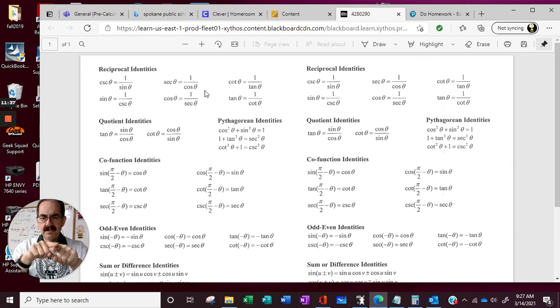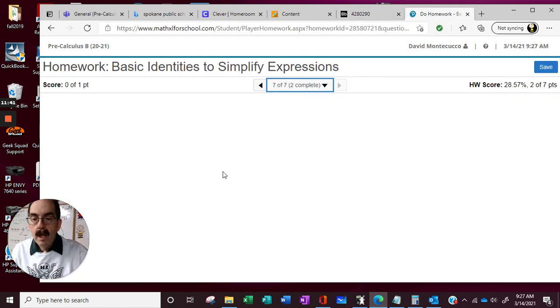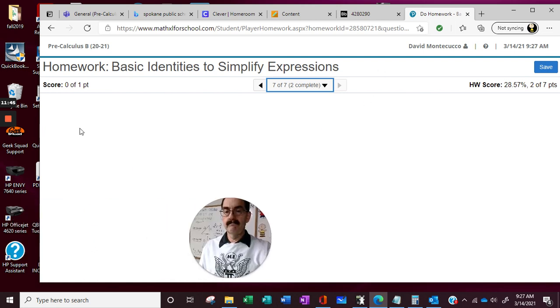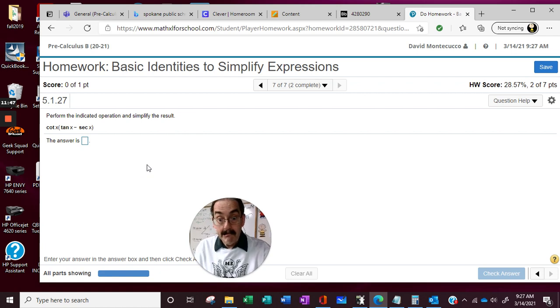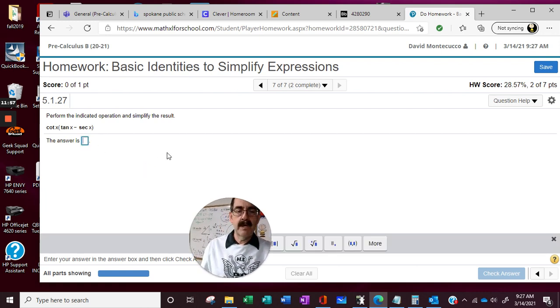Cosines cancel, leaving 1 over sine. The first one is 1, and the answer to the next is 1 minus cosine x.